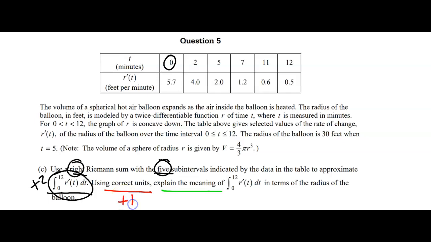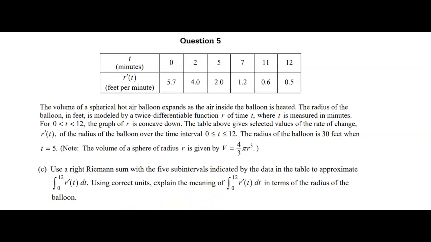The correct units might be worth a point, and the explanation might be worth a point. Sometimes, if they're being stingy, they'll combine both of these into 1 point. So this question is anywhere from 2 points at the absolute least, if they only give you 1 point here and 1 point for this, up to maybe 4. They might give you 2 points here and 1 for each of these. It could be anywhere in between those values.